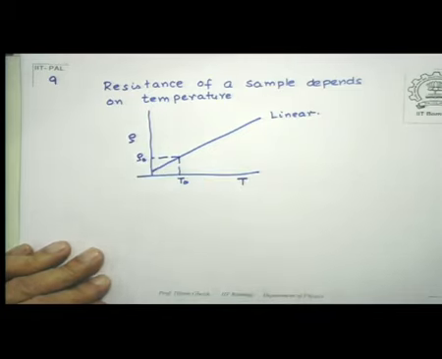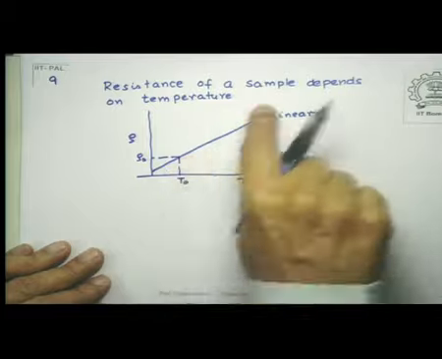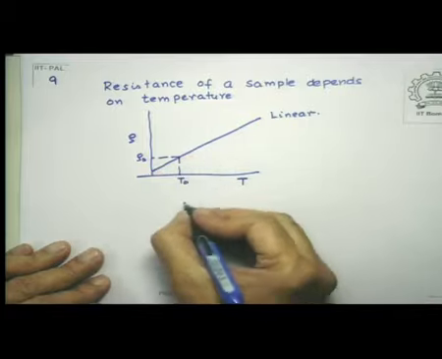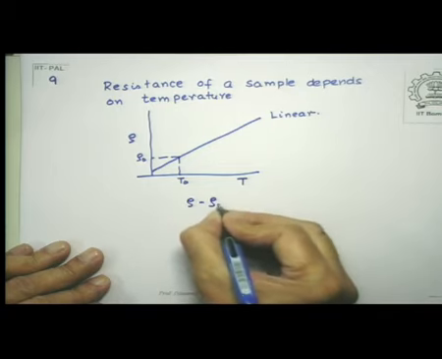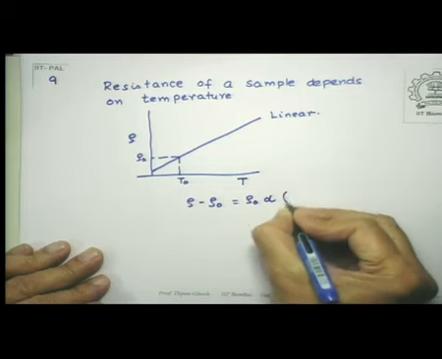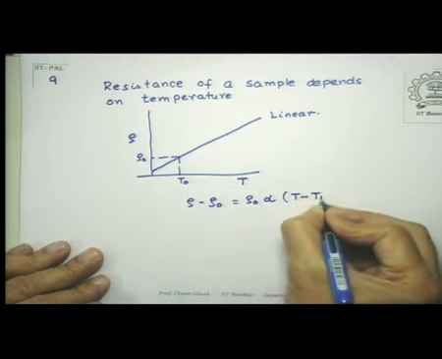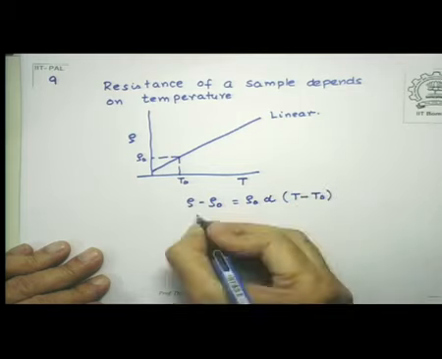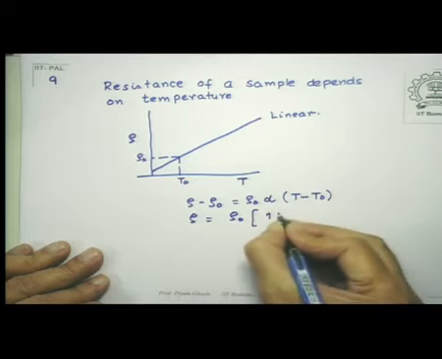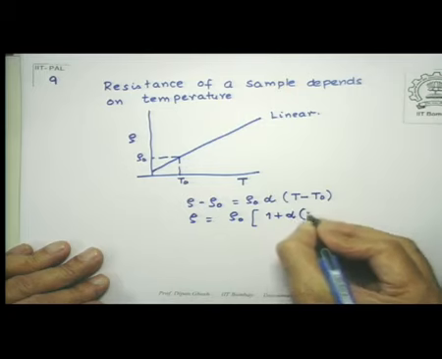Then I can represent over this entire length rho minus rho 0 equal to rho 0 times some constant alpha into T minus T0. Alternatively, rho is given by rho 0 into 1 plus alpha into T minus T0.